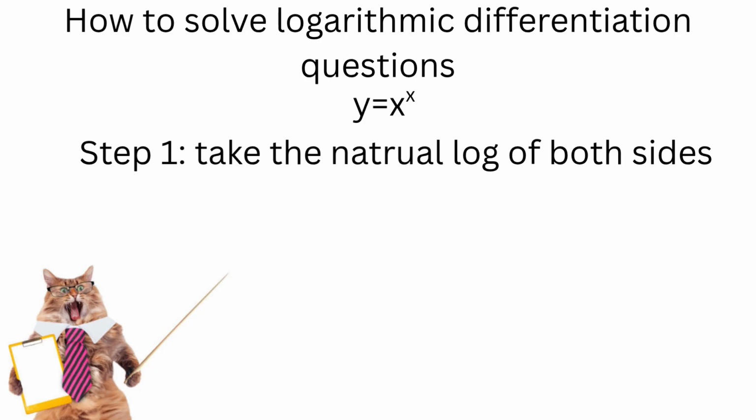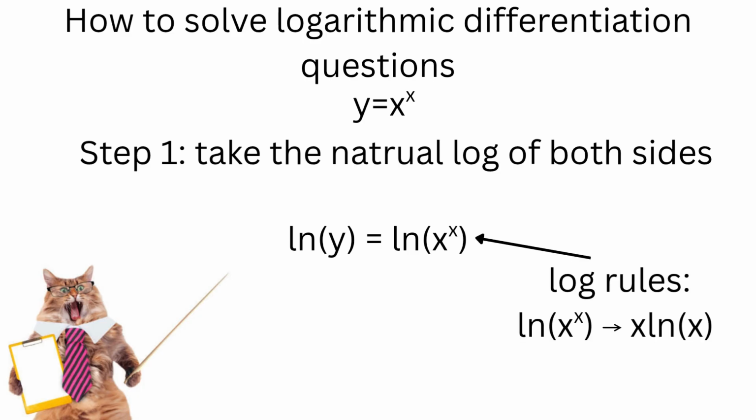Instead, to separate the variable in the exponent from the variable in the base, we will be taking the natural log of both sides, which is step 1. When we take the natural log of both sides, we're going to end up with the equation of the natural log of y equals the natural log of x to the power of x.